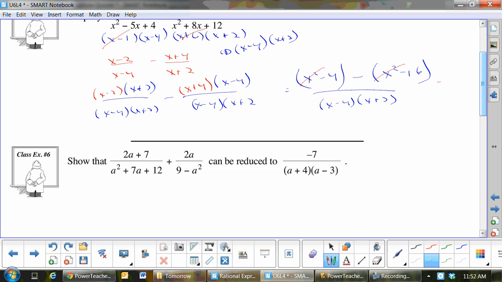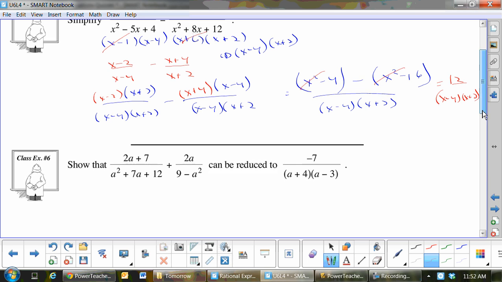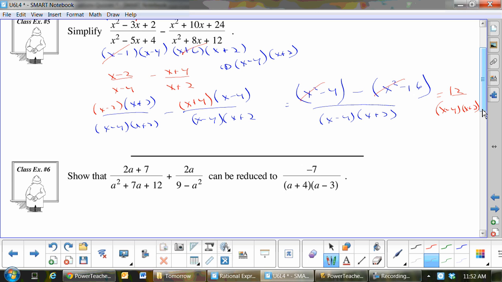So, I have 12 over x minus 4, x plus 2. Do you see what happened here? Everyone get it? What are my non-permissibles? Positive 4, negative 2.